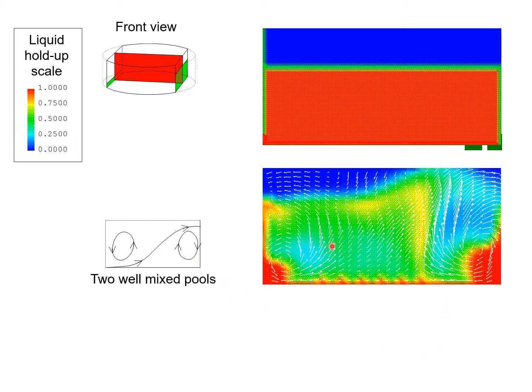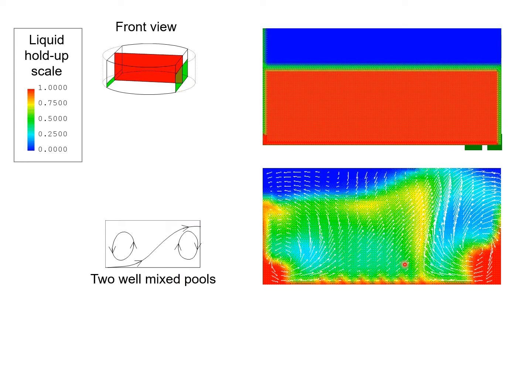If you look at the arrows that indicate the flow velocities, we see that the arrows are going round and round in circles, indicating that there is a mixed pool here. And if you follow the arrow here from the liquid inlet to the downcomer outlet, we see there is a velocity vector that goes in this direction that is indicated here.